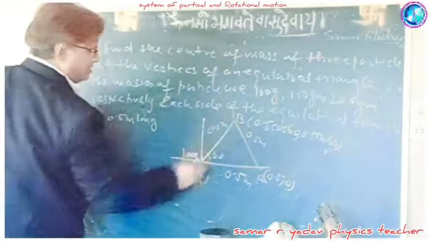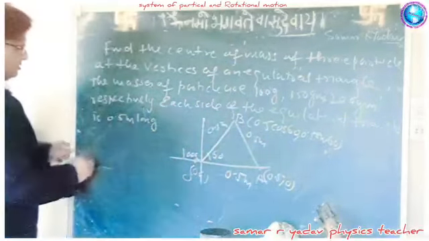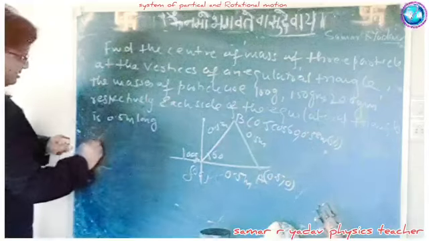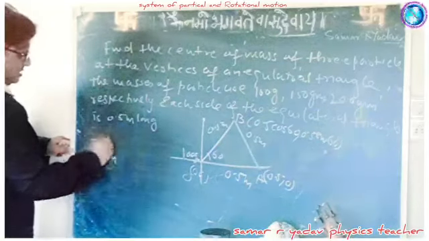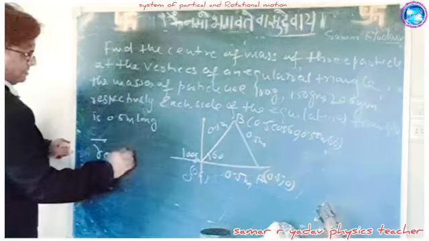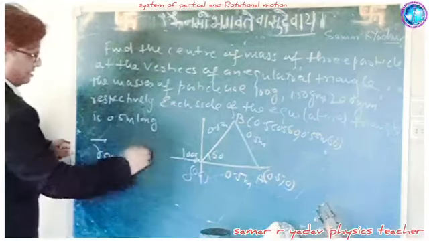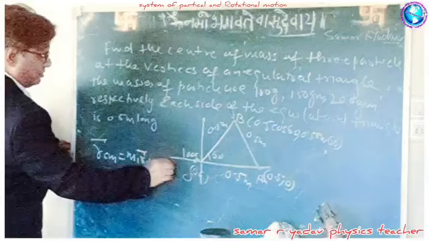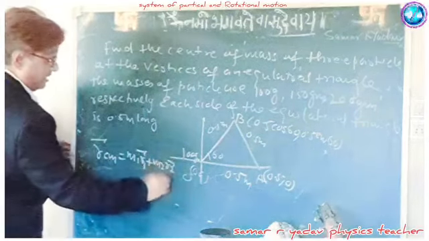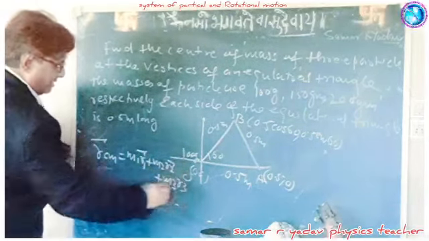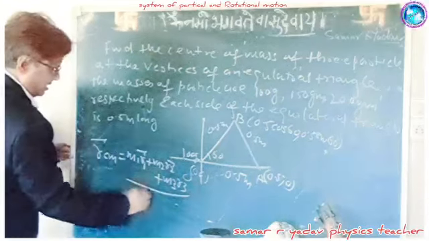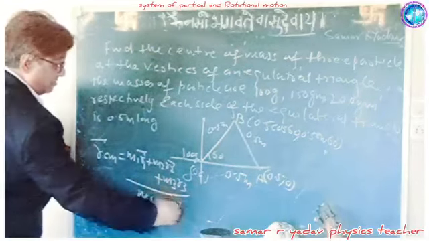Now we look at the center of mass here, R_CM. So we know that R_CM is equal to M1 R1 plus M2 R2 plus M3 R3 divided by M1 plus M2 plus M3.